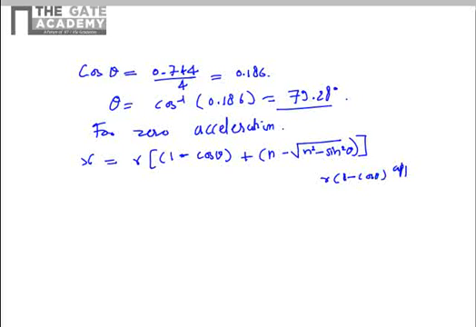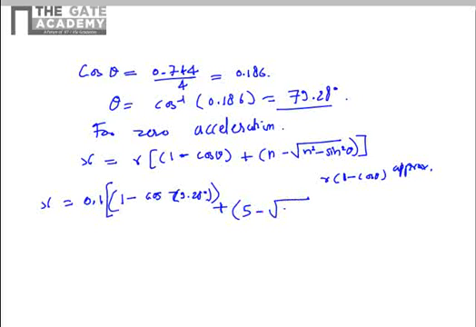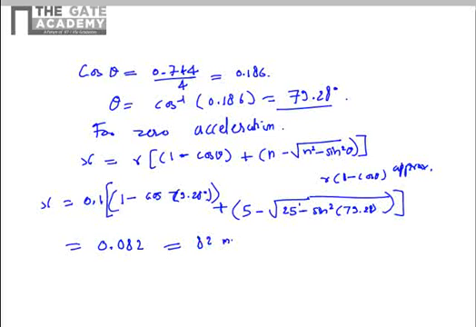We substitute our values: r is 0.1, 1 minus cos 79.28 degrees, plus n is 5 minus square root of 25 minus sin square 79.28. If you calculate, you will get an answer close to 0.082, so that is 82 mm.